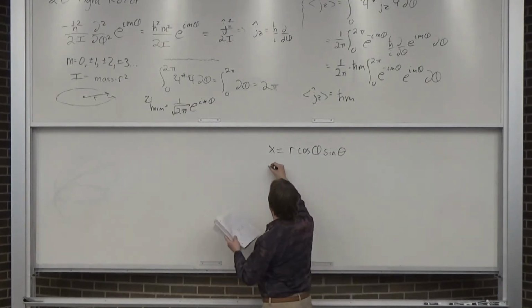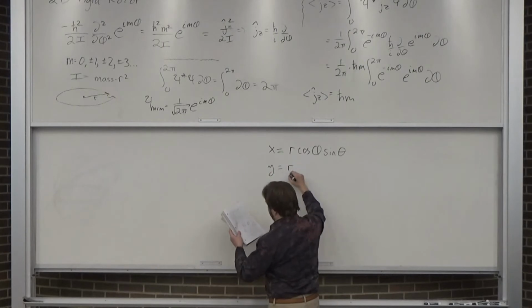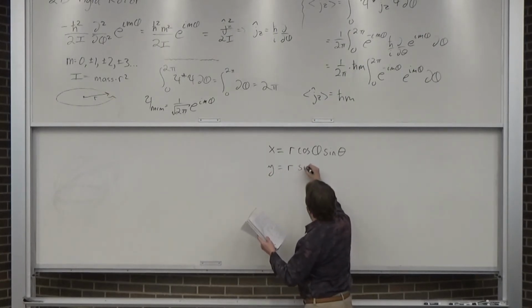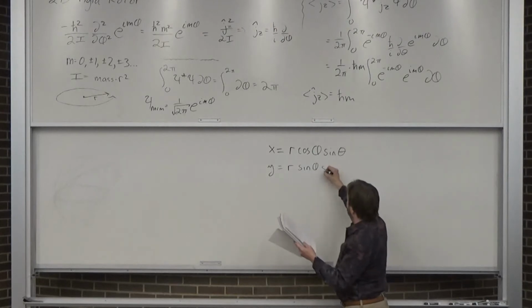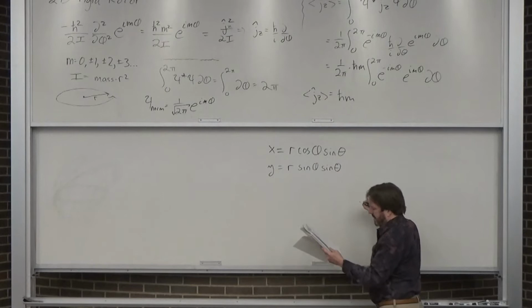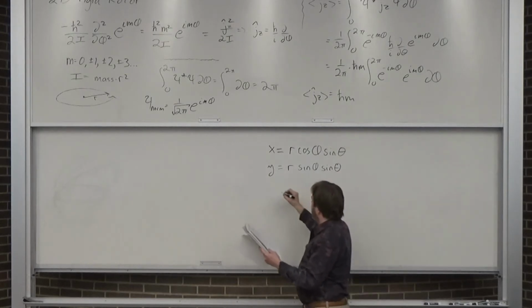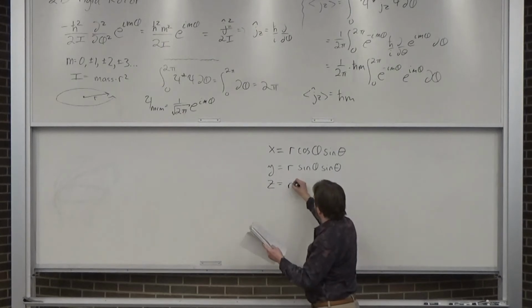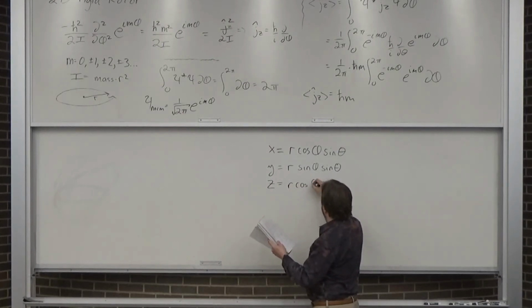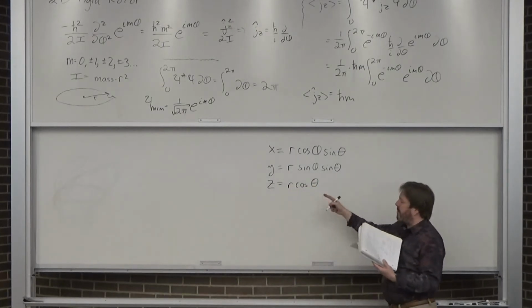Again, it sometimes makes your head spin a little, but it made your head spin in high school too. z is always the easy one. That's r cos theta.